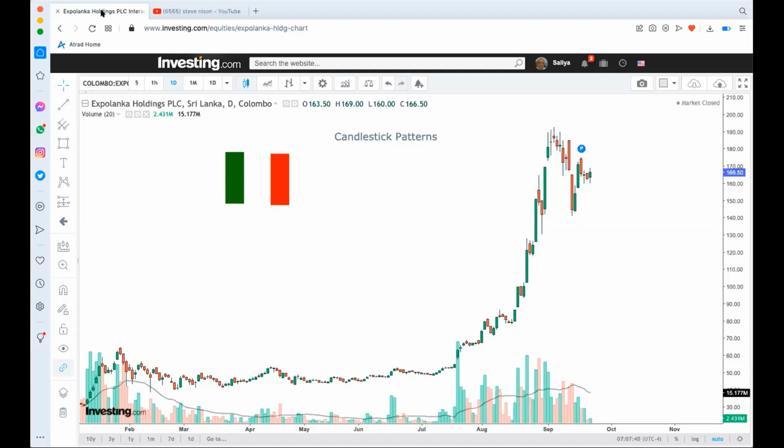Otherwise, just imagine, a person who has made these candlestick patterns popular in the world has only 16,000 subscribers. That is the level of interest people have when it comes to knowledge building and using their knowledge to enhance their wealth. That is one of the biggest messages we need to take, irrespective of whoever is listening now.